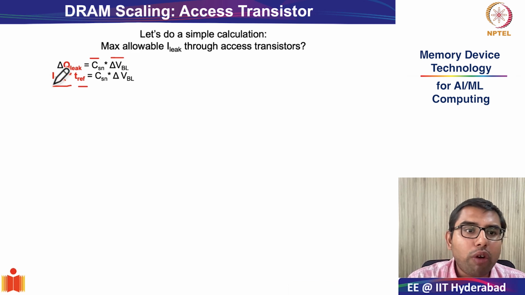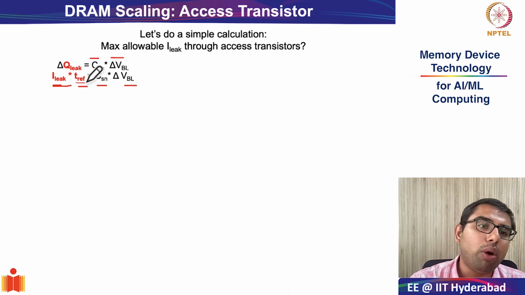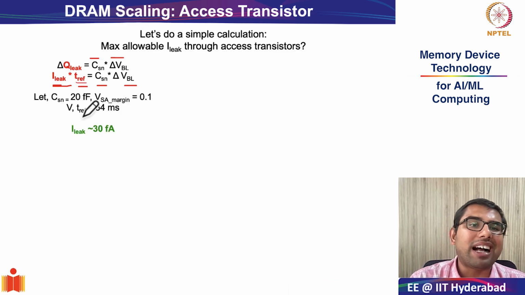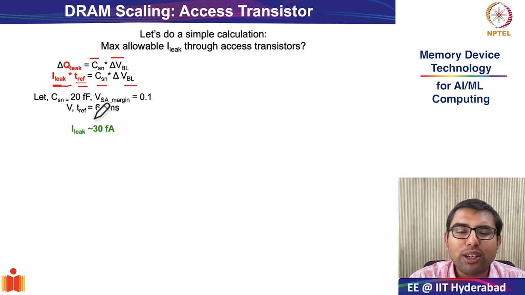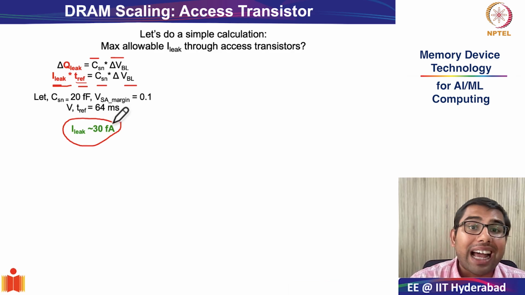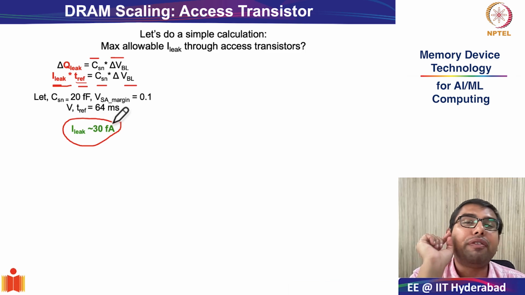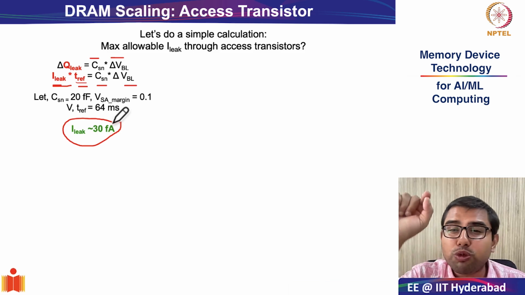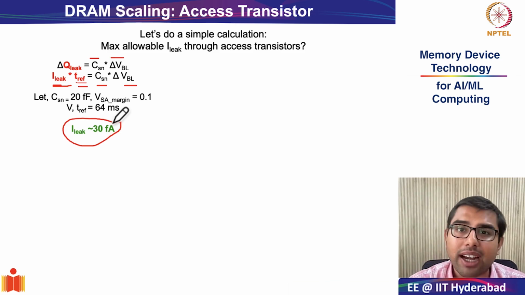What should be the value of I leak for typical values of CSN, delta VBL and a T reference of 64 milliseconds? The values are not that important, but the number we come up with is that your access transistor's off current, or leakage current, should be on the order of 30 femtoamps. That is a very, very tiny amount of current.